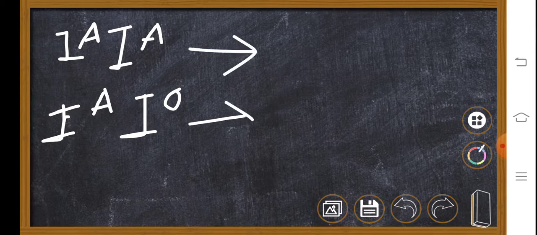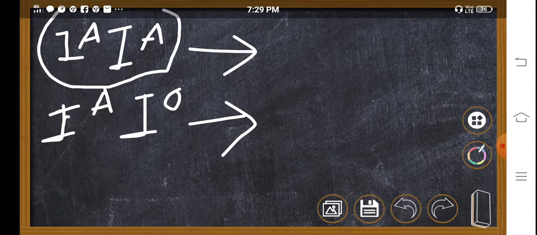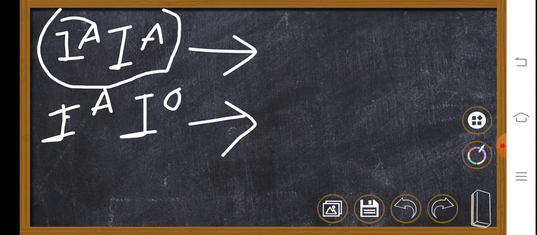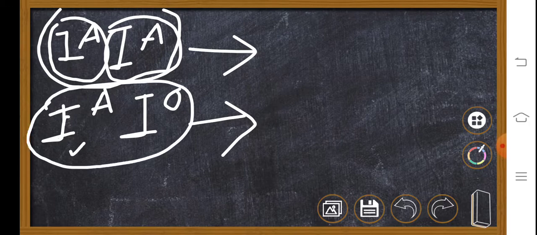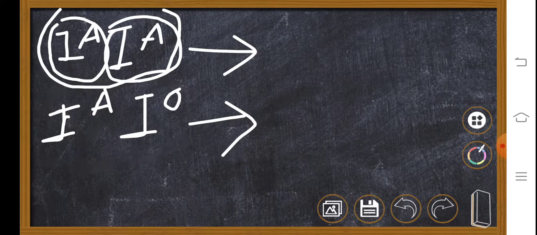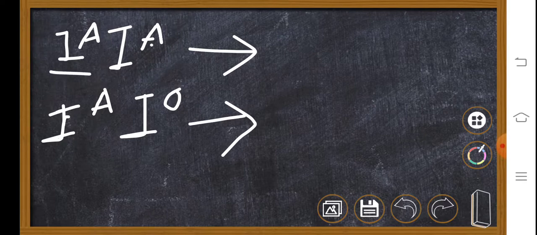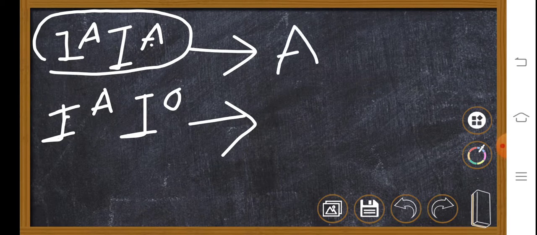So, if I am the person and I have these two alleles for my blood group, one comes from one parent and the other from my other parent. This may come from my father, this may come from my mother. Now, if this is the condition in my body, my blood group will be A, because A is dominant and both the alleles are A, so my blood group will be A.